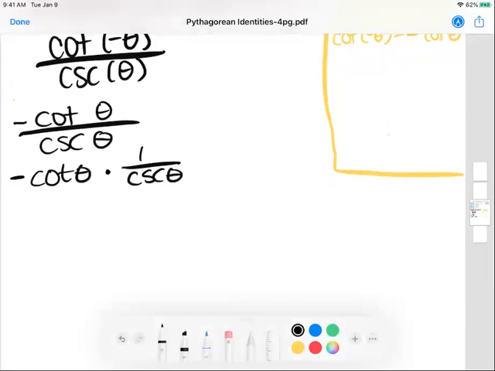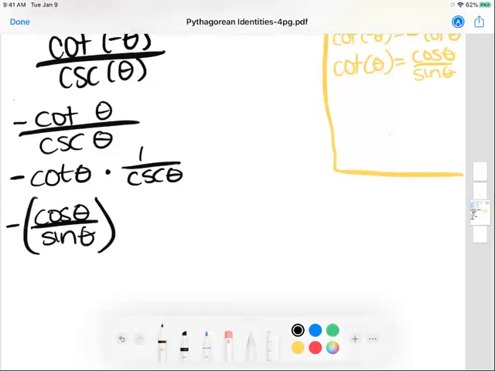All right, so I know cotangent is cosine over sine, so I'm going to add that to my list over here. Cotangent of theta is cosine of theta over sine of theta. So I'm going to swap that out. So negative cosine theta over sine of theta times 1 over cosecant theta.